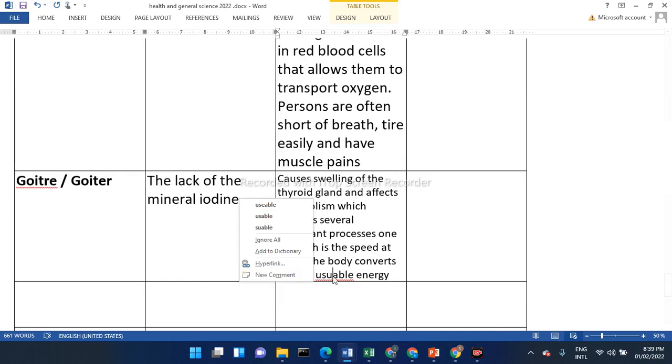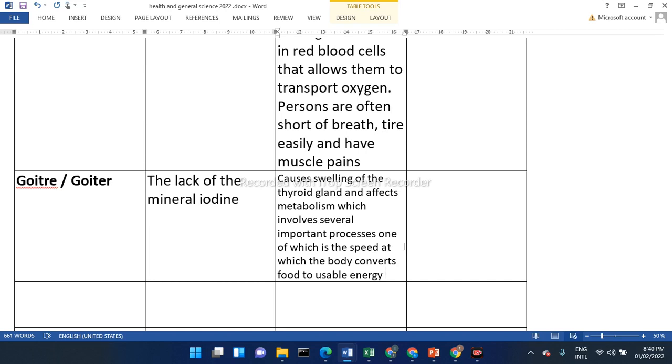So that's the ATP to ADP? No. Is that the sugar into ATP? Food to usable energy, that's respiration.